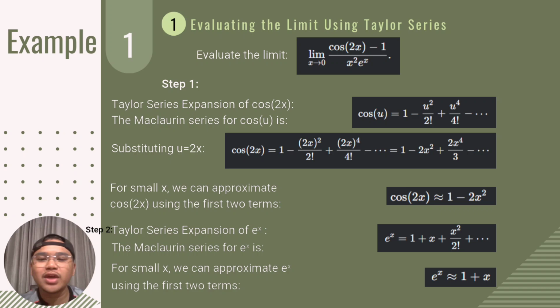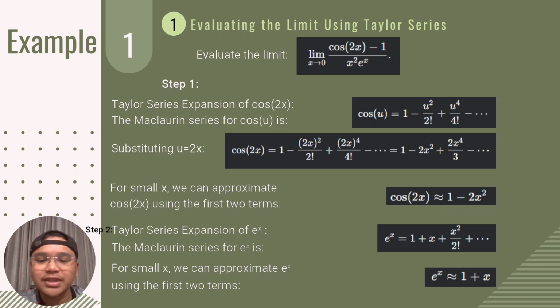First thing first, we need to evaluate each limit using Taylor series. We will evaluate the limit of cos 2x minus 1 divided by x squared times e to the power of x. First step, we need to find the Taylor series expansion of cos 2x. Now, we assume cos 2x as cos u.